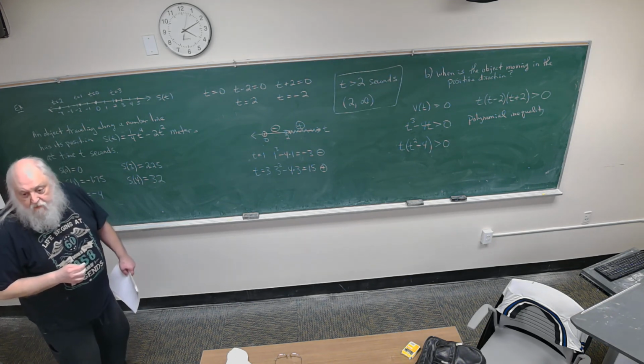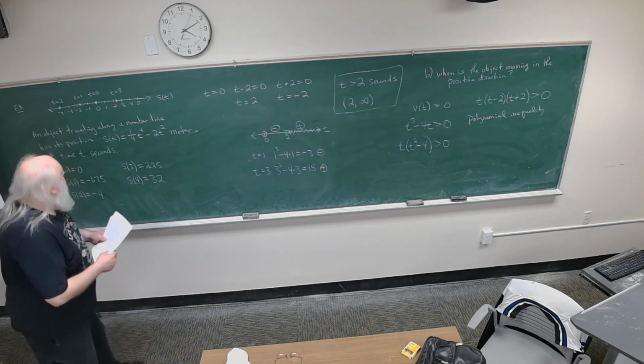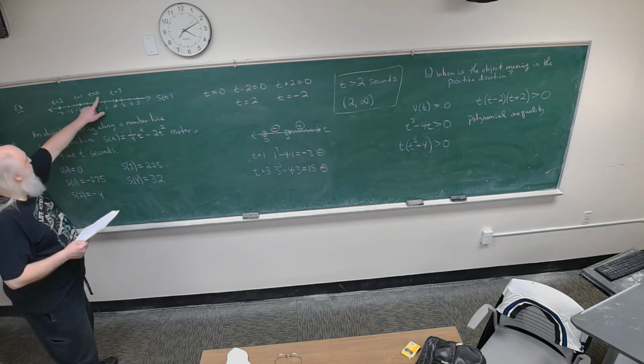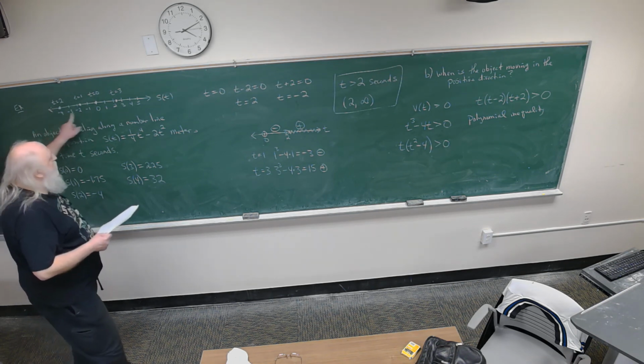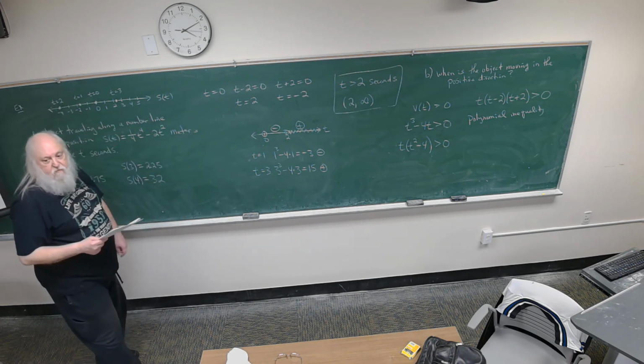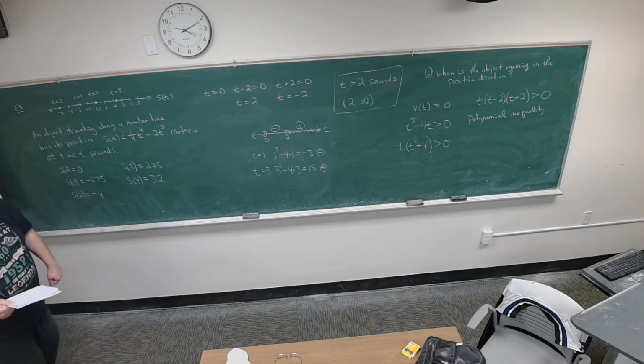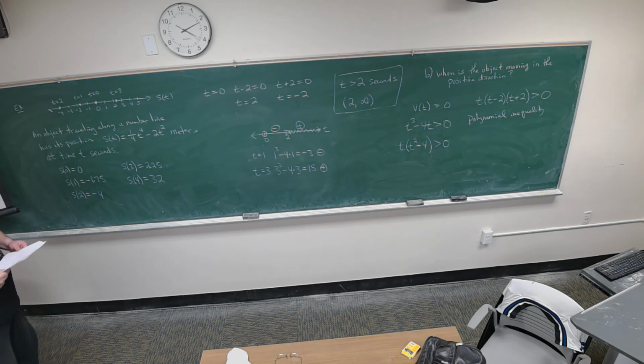You understand that? Okay. And it kind of agrees with what we did over here. From t equals 0 to t equals 2, the object moved to the left. And now, for t greater than 2, the object moves to the right forever on an endless road. All right.